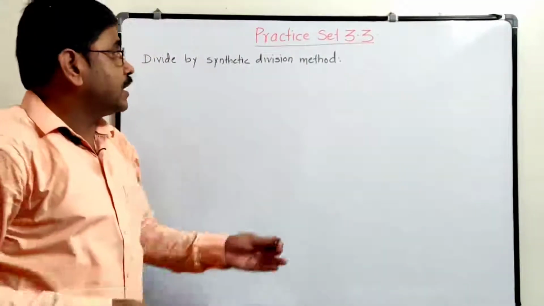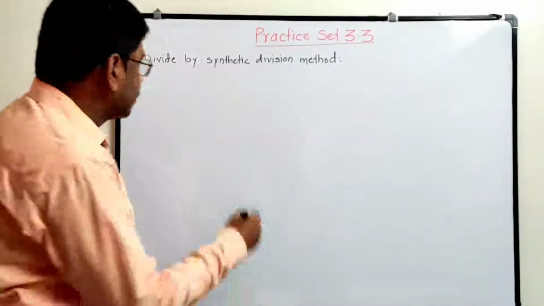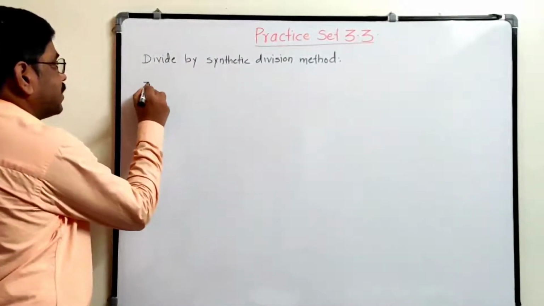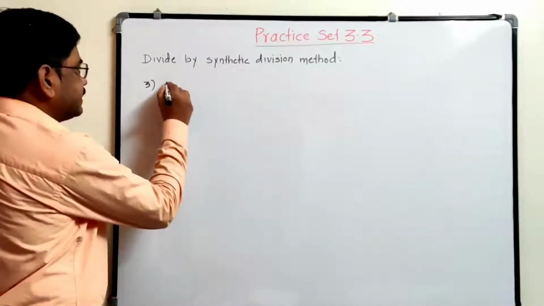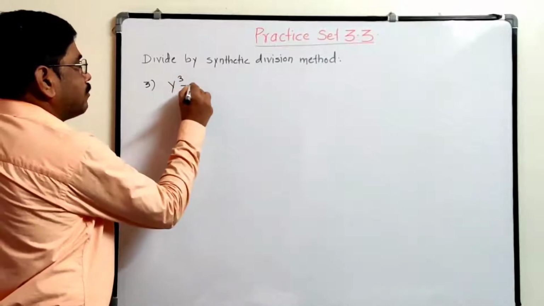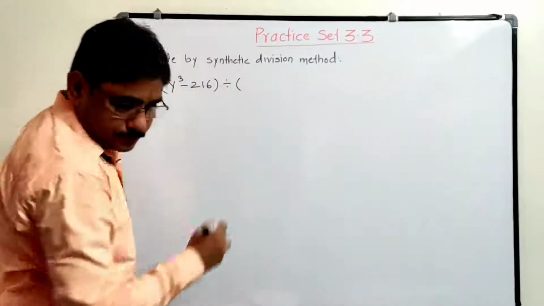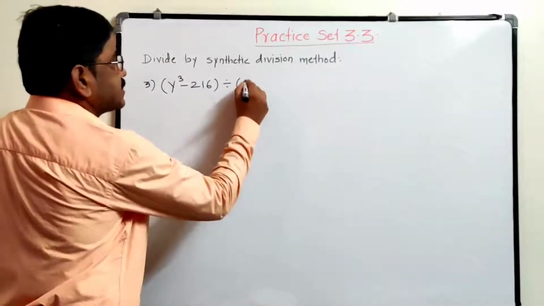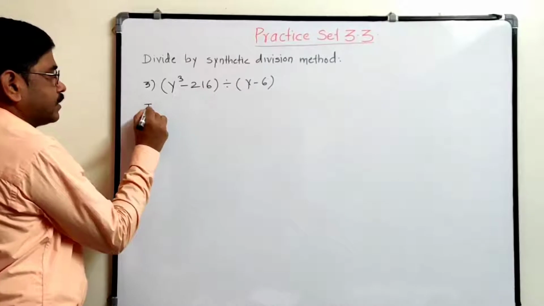Let us see the third example from practice set 3.3. Y cube minus 216 divided by y minus 6. So first write the dividend in index form.